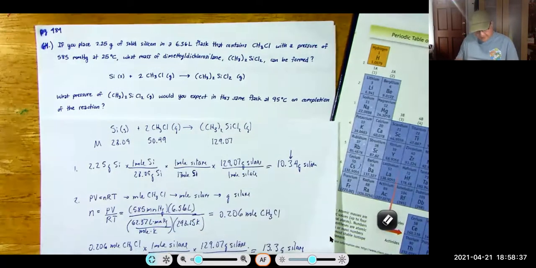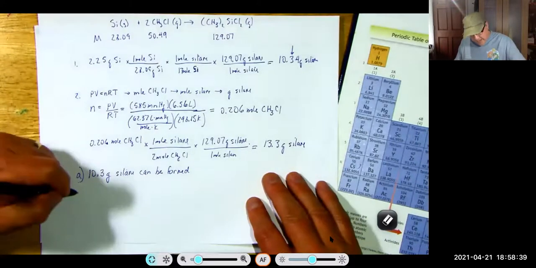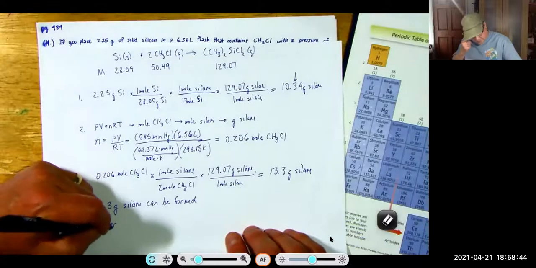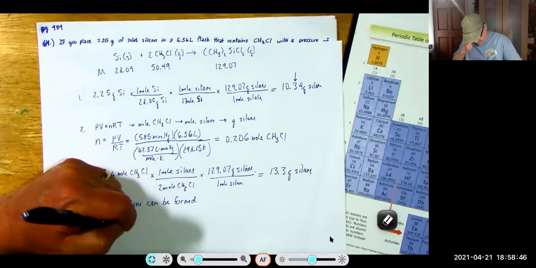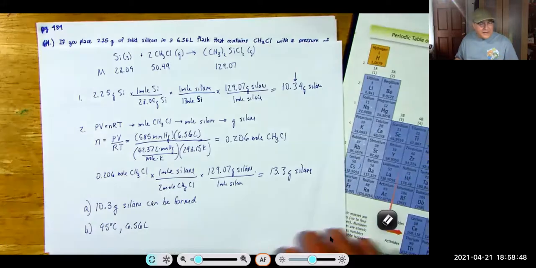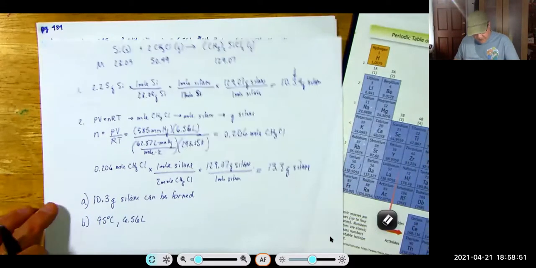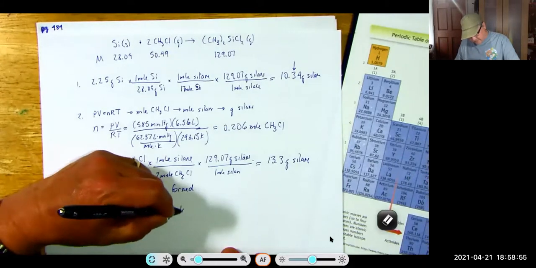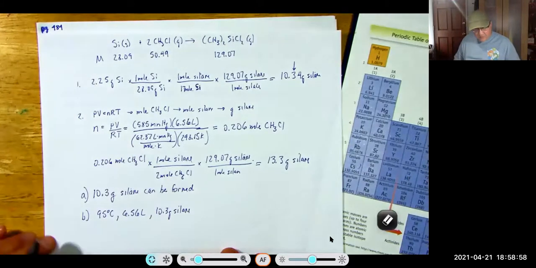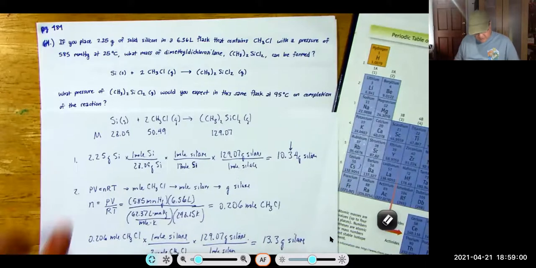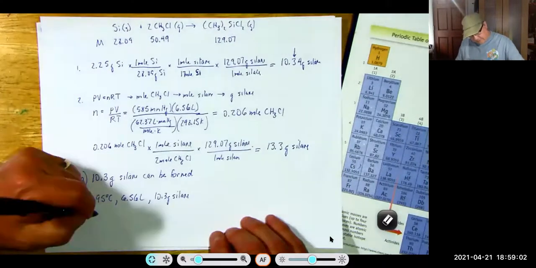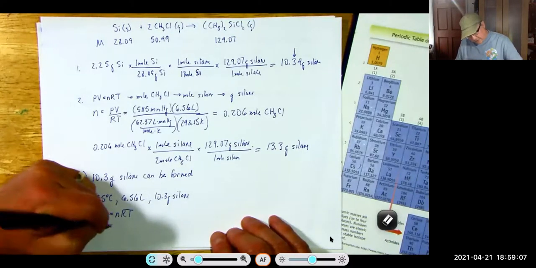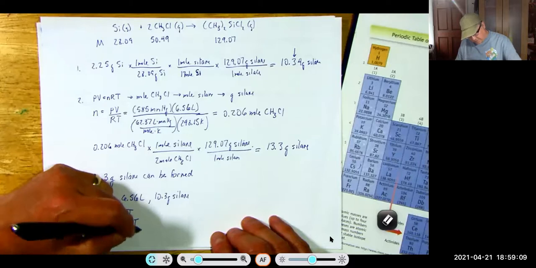So to get the pressure of the gas, we know that we have 95 degrees Celsius. We know that it is a 6.56 liter flask, and we're assuming the flask can't get bigger or smaller. And we know that we have 10.3 grams of silane. Again, we're trying to get the pressure. So we're going to use PV equals nRT, which means that the pressure is going to be nRT over the volume.